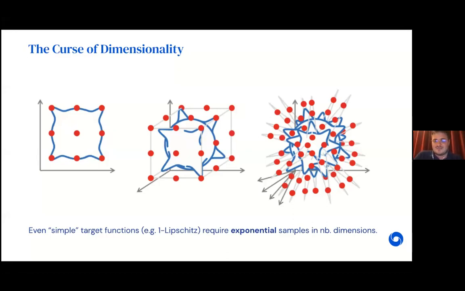So learning in high dimensions is fundamentally a cursed estimation problem. This is sometimes also known as the curse of dimensionality. Obviously, the kinds of functions we have to fit in general deep learning problems may be way more complicated than one Lipschitz functions. So this is just even a very simplistic case.